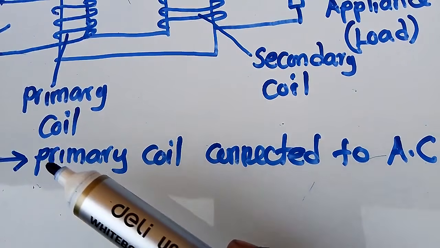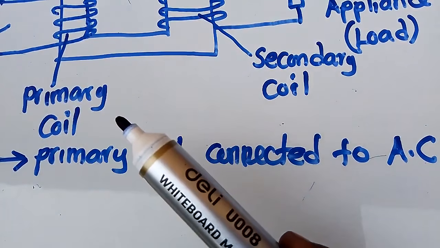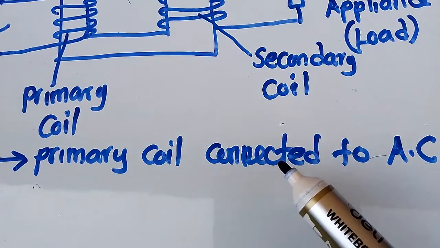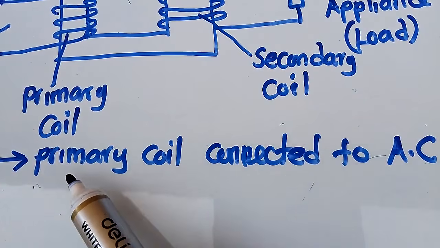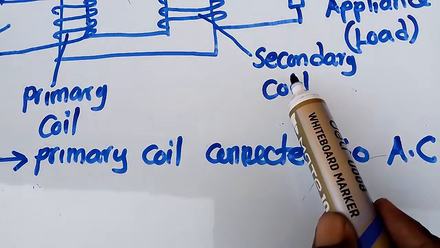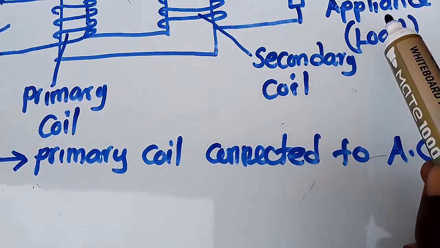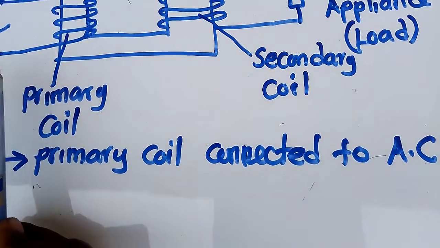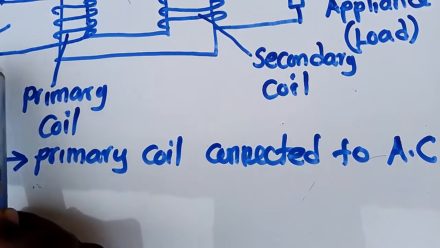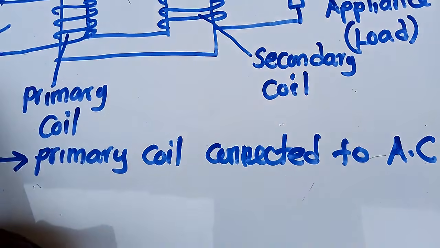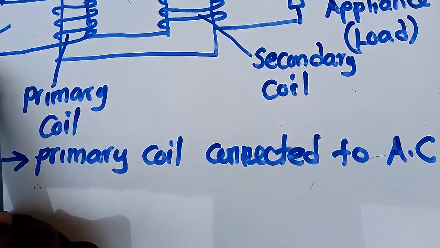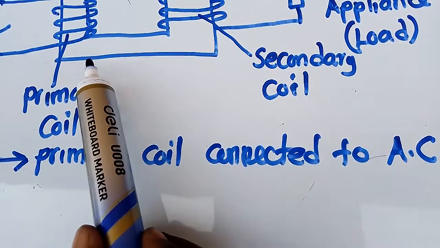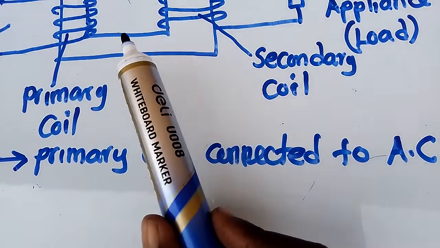So we are describing how a transformer operates. I've said that the primary coil is connected to AC supply, and the secondary coil is connected to the electric appliance. When the alternating current is supplied to the primary coil, it produces magnetic fields.